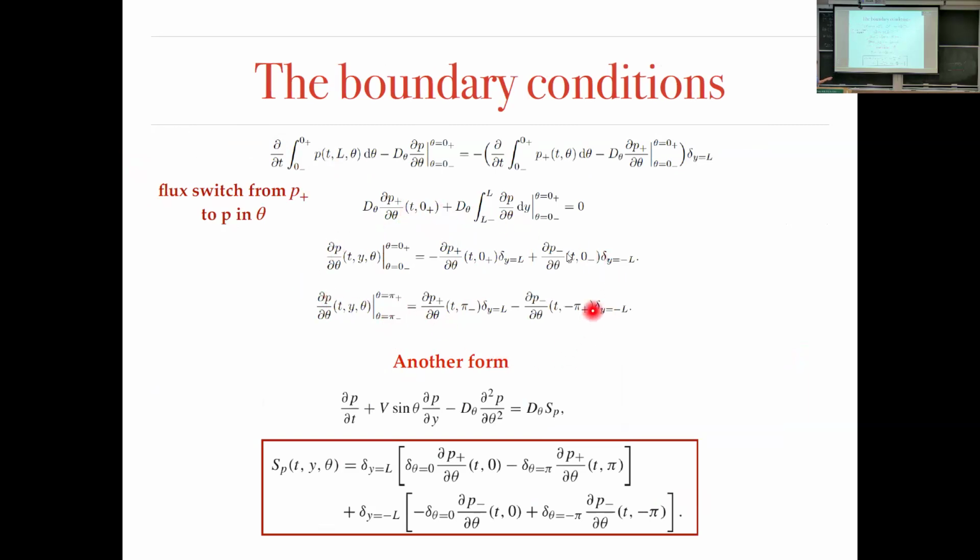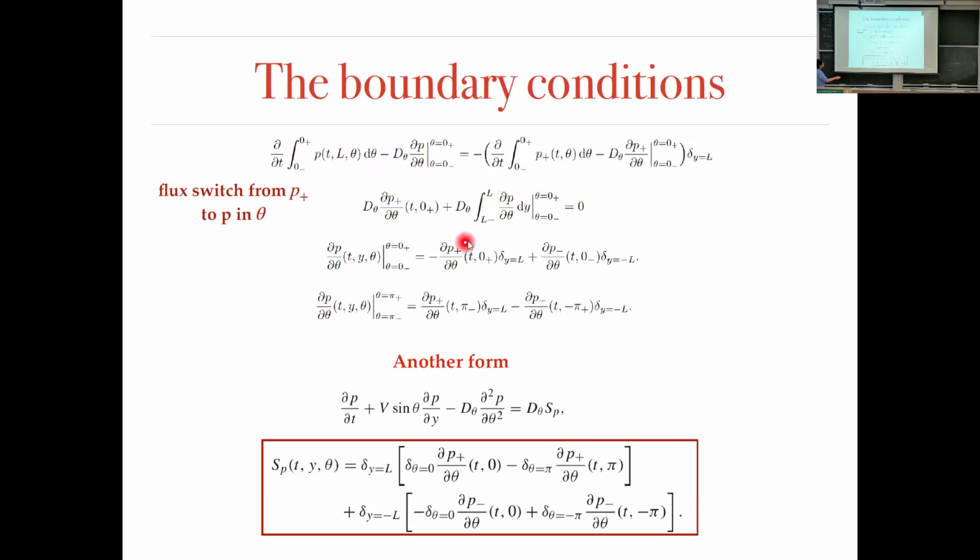These two conditions basically tell you that for those cells that attach to the boundary, because they would do the rotational diffusion to leave the boundary, this rotational diffusion would provide you some flux for this P plus here, and this would provide you the flux inside the domain.